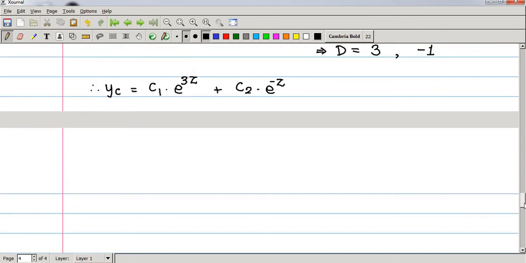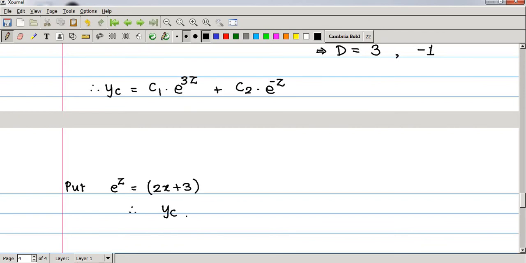For converting this complementary function in terms of x, we put e^z equal to the substitution 2x+3.